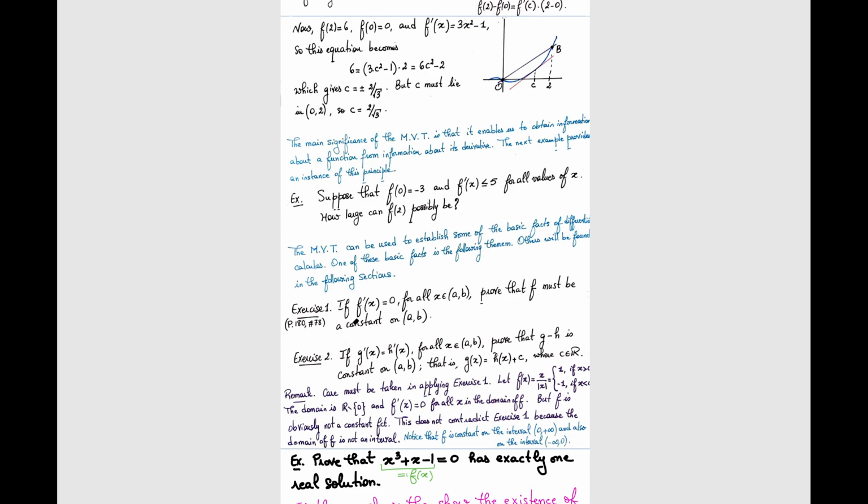Let's start with exercise 1. If f prime is 0 for all x in an open set AB, the interior of a closed bounded set AB, then f must be a constant there. This is actually on page 180, number 78. So one more time. If f prime is 0 in the interior of a bounded and closed set, then the function f must be a constant on that set.